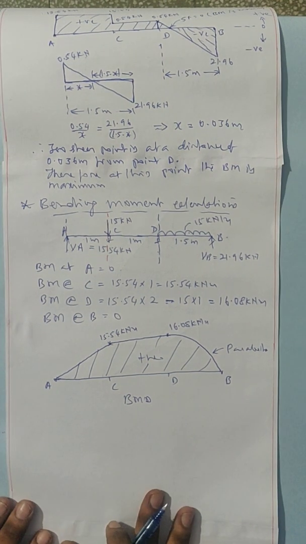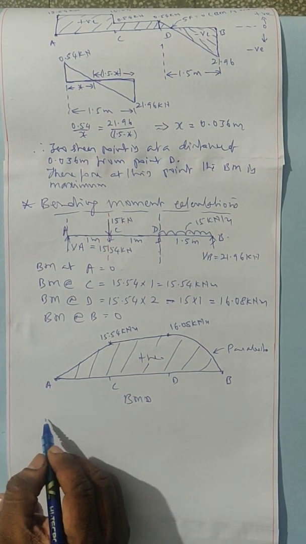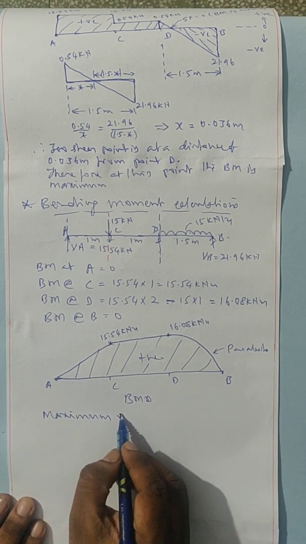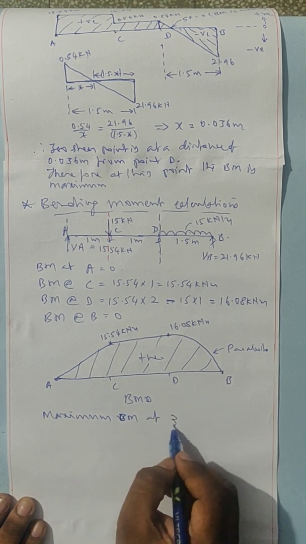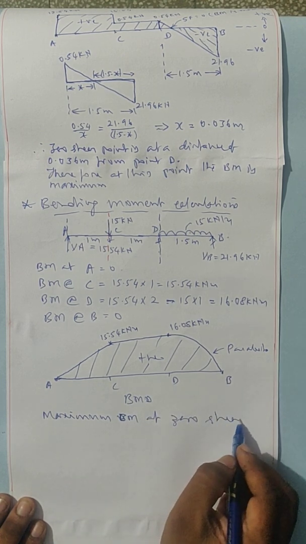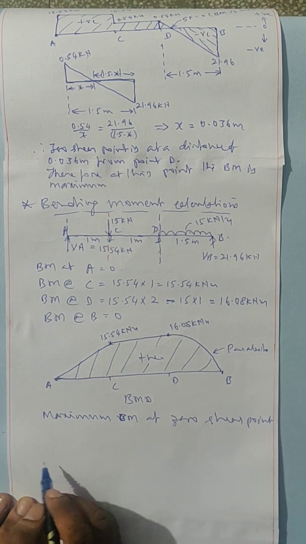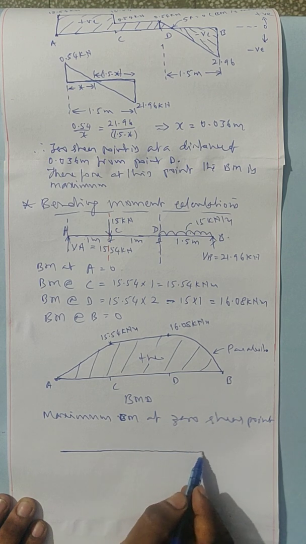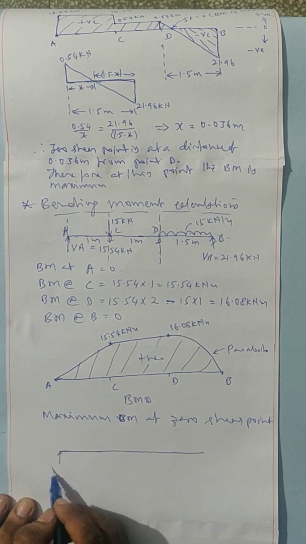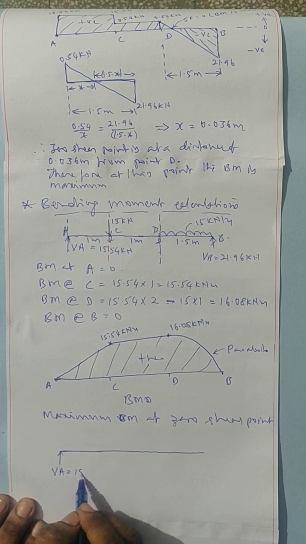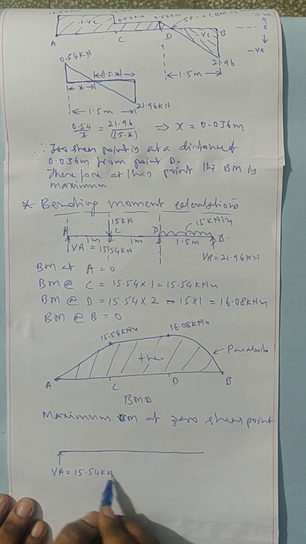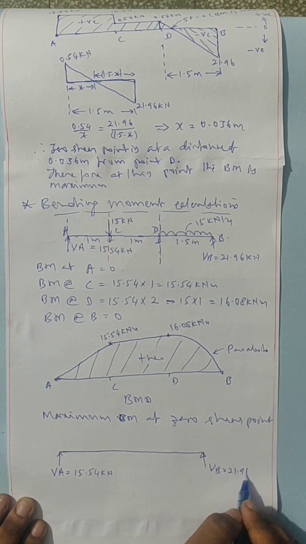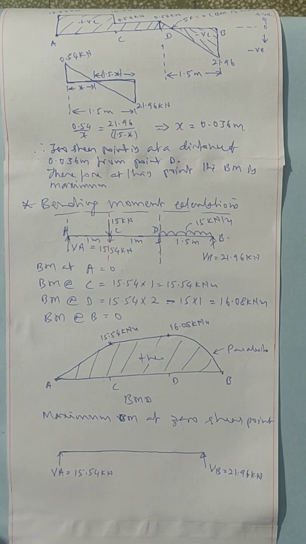Now we have to calculate the maximum bending moment. Maximum bending moment is at the zero shear point. Where is the zero shear point in the beam? VA we calculated 15.54 kilonewton. VB we calculated 21.96 kilonewton.